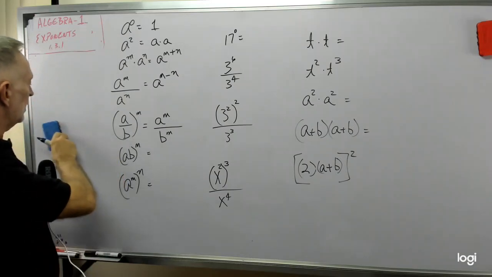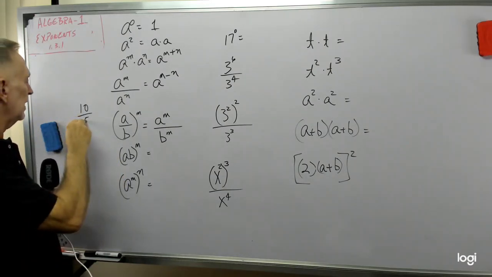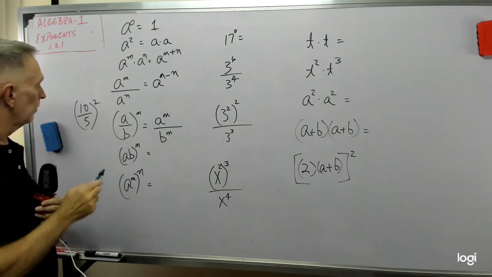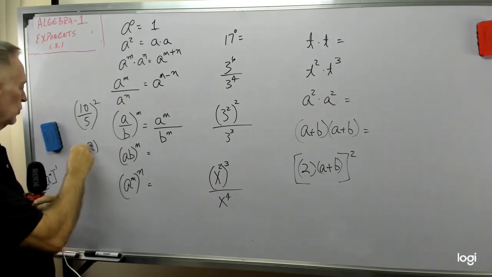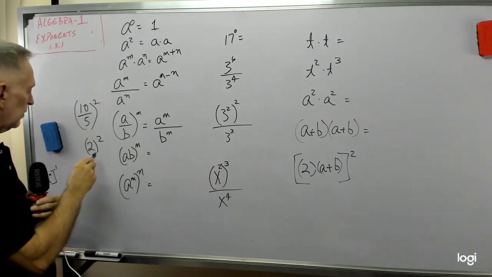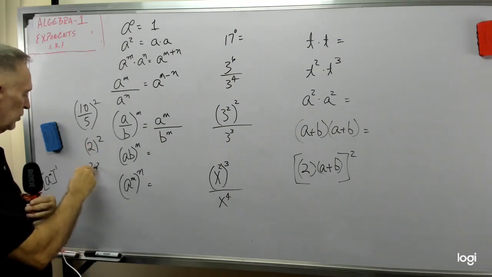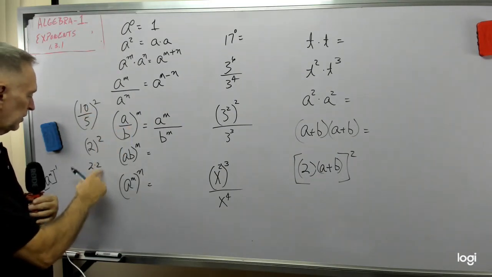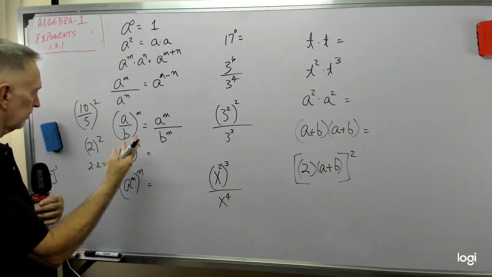Let's say I have 10 over 5 squared. Okay, 10 divided by 5 is 2, so that's 2 to the 2nd power. That means 2 times 2, this number times itself 2 times, so 2 times 2 equals 4. 2 squared is 4.